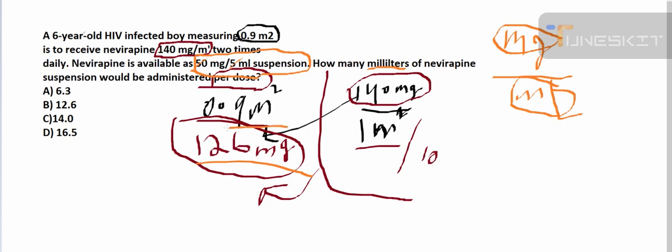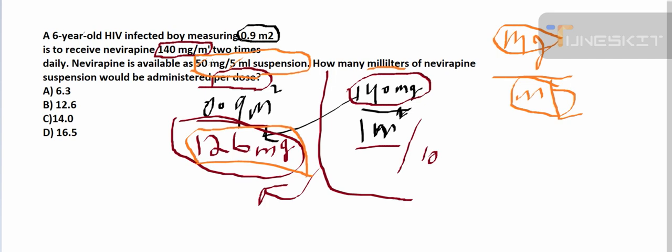So this was the dose. We have to calculate the milliliters. If 1 ml contains 10 mg, then for every 10 mg we will calculate the ml. In 126 there are about twelve 10 mgs.